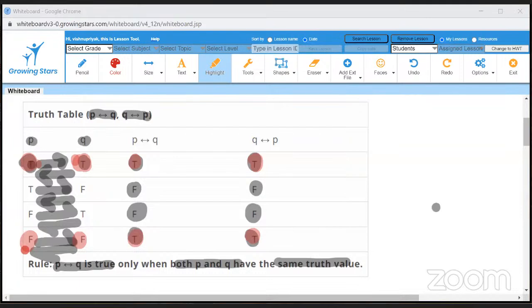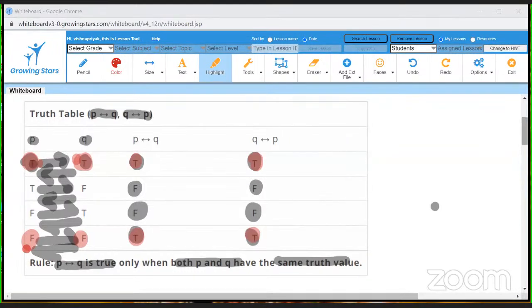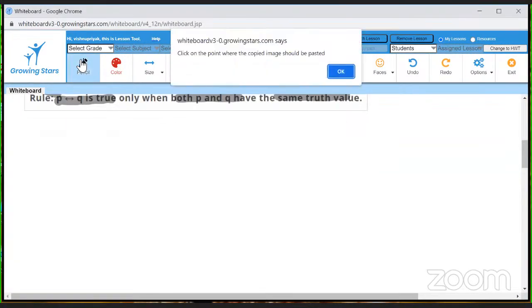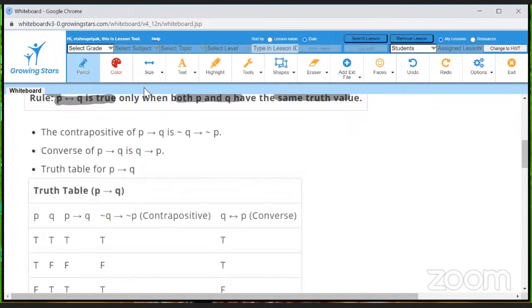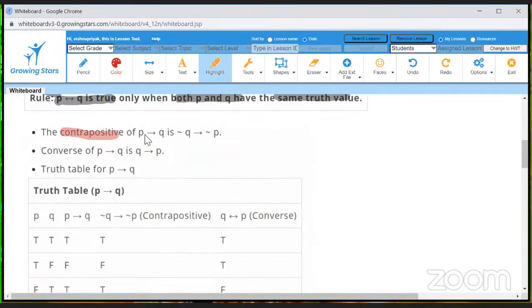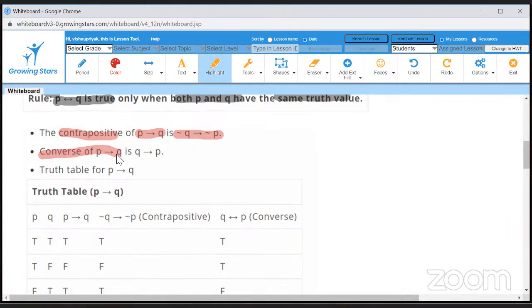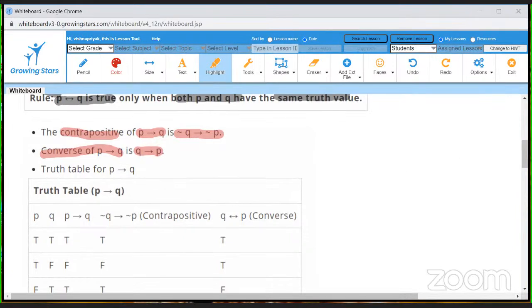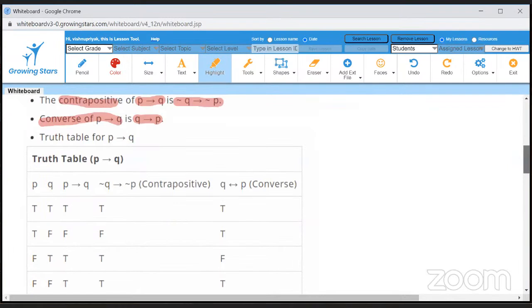The next compound statement, along with the truth table, is the contrapositive. The contrapositive of P implies Q is not Q implies not P. The converse of P implies Q is Q implies P. So we are learning both contrapositive and converse.